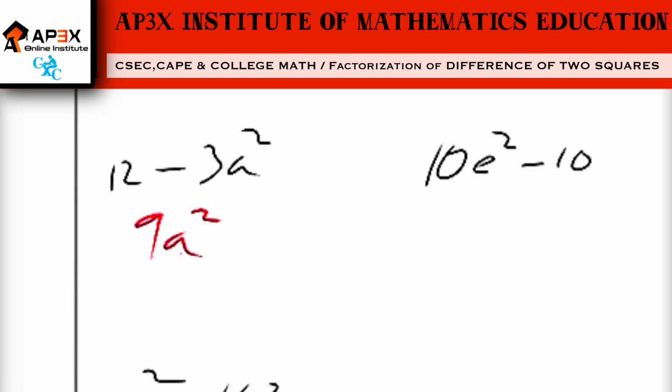Because if you do something like this, it's going to pain my heart. On my channel, we do not teach you to do stuff like this. You cannot subtract unlike terms.